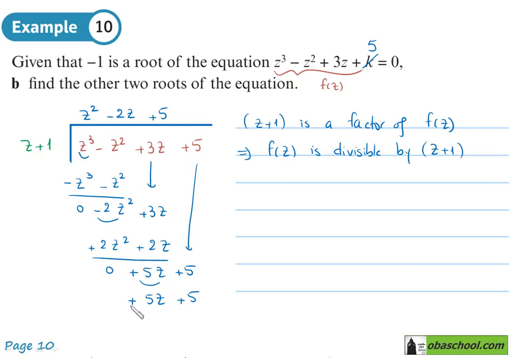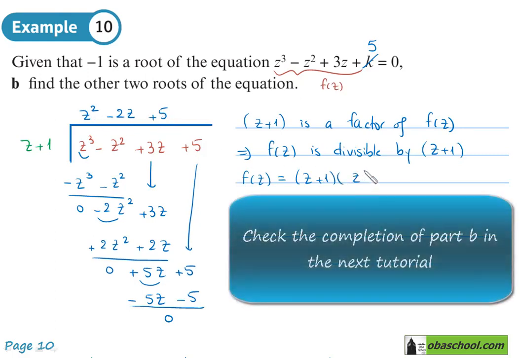So this one will be minus 5z minus 5. 5z minus 5z is 0, plus 5 minus 5 is 0. Therefore, f of z is written in the form of the first factor z plus 1 multiplied by the quadratic expression z squared minus 2z plus 5.